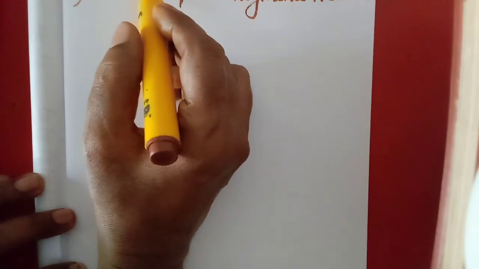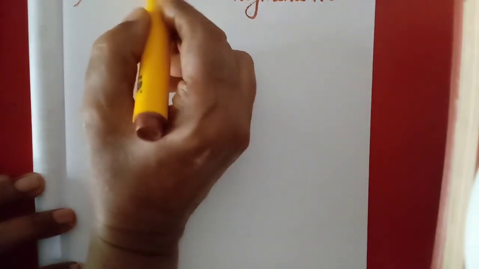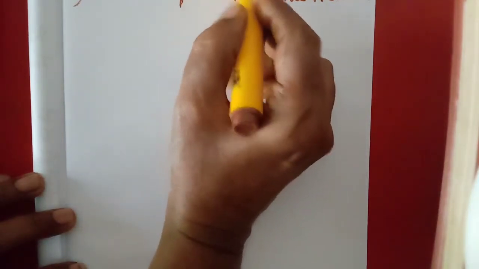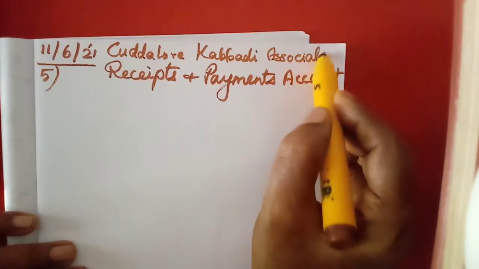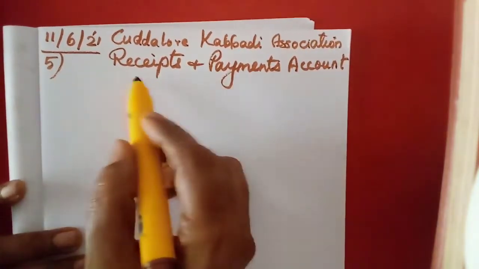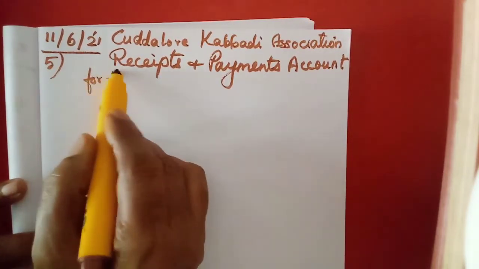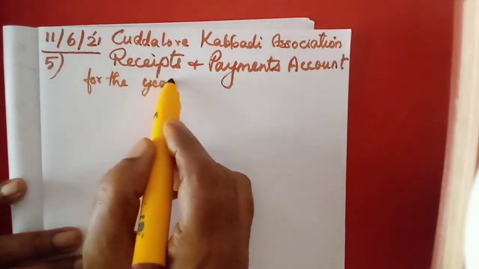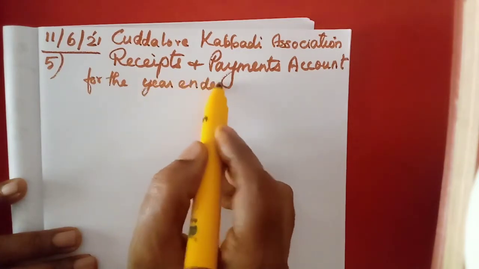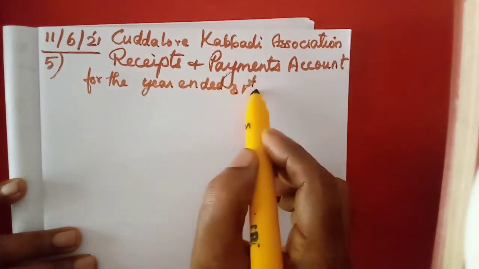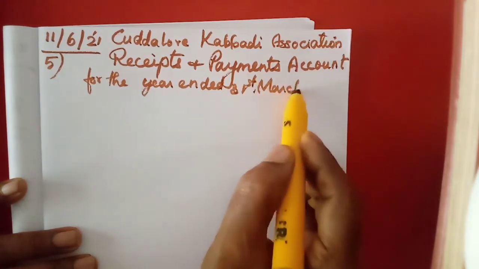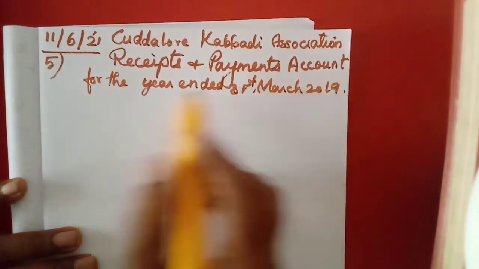Then first we should write the name: Kadalur Kabaddi Association, receipts and payments account for the year ended 31st March 2019.